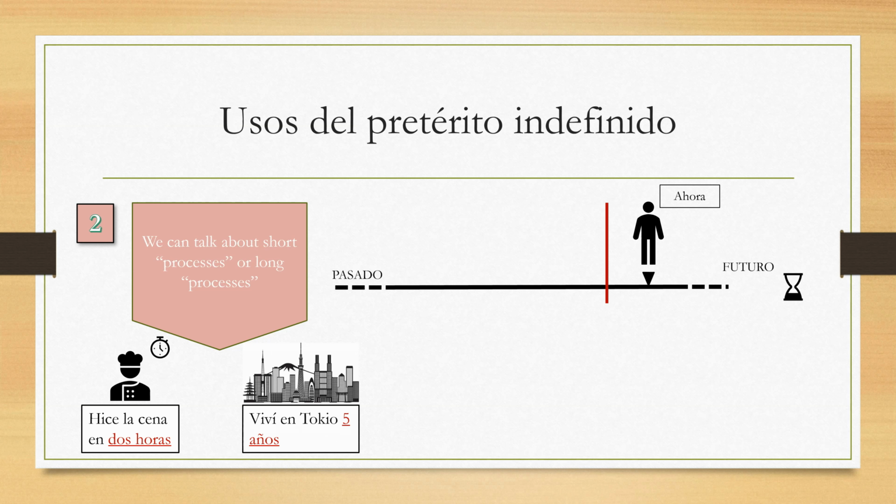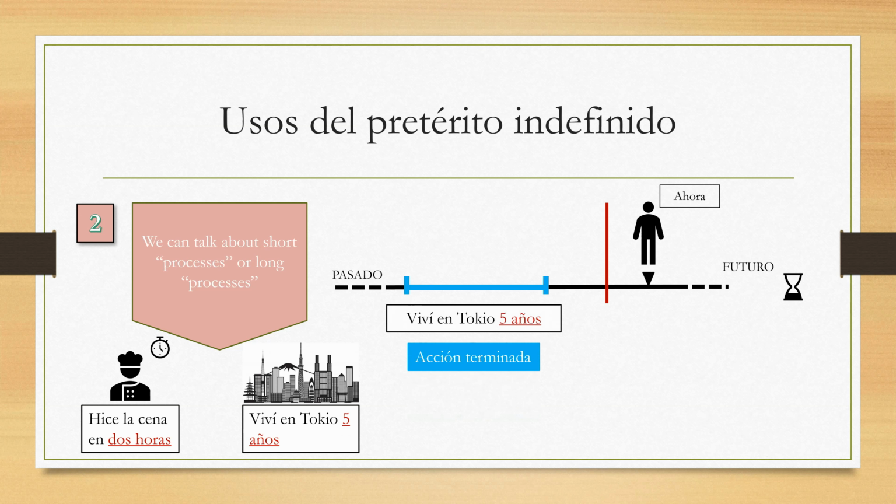If I look at viví en Tokio 5 años in my timeline, I can see that it is a long process because I'm including a time marker that is 5 años. 5 años as a time marker indicates a long process, while 2 horas indicates that it was short.